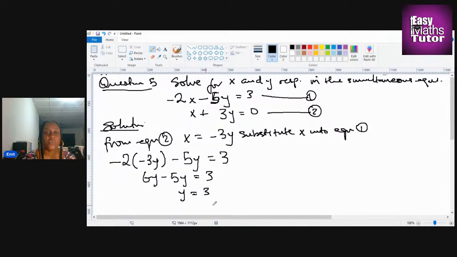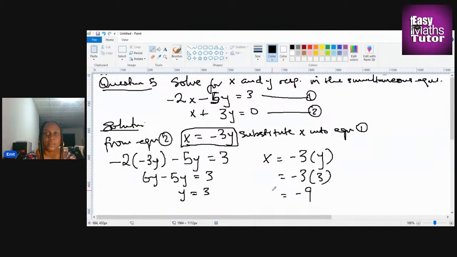So we've gotten the value of y, but for us to have the value of x, we'll substitute back into this equation where x is the subject. So we have minus 3 times y, minus 3 times 3 equal to minus 9. So x is minus 9 and y is 3.